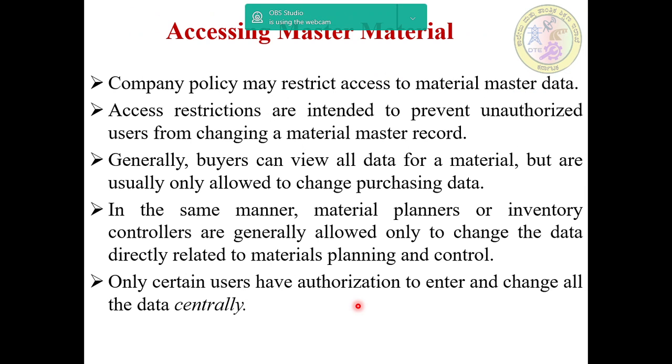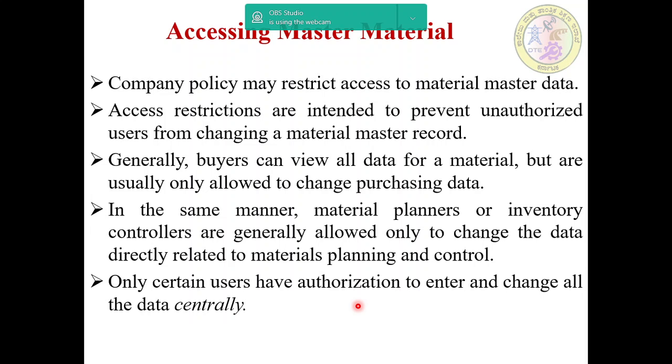Next we'll go for accessing the material master. Here, company policy may restrict access to material master data. Access restrictions are intended to prevent unauthorized users from changing a material master record. Generally, buyers can view all data for a material but are usually only allowed to change purchasing data.